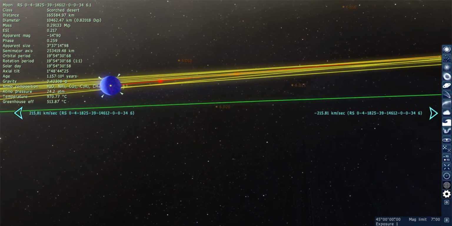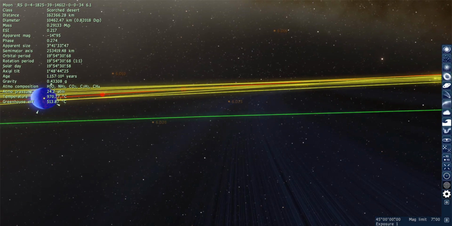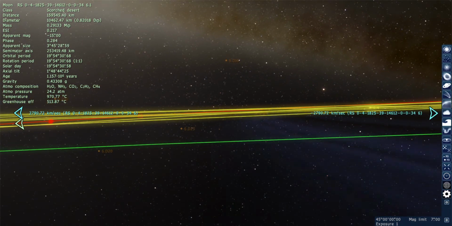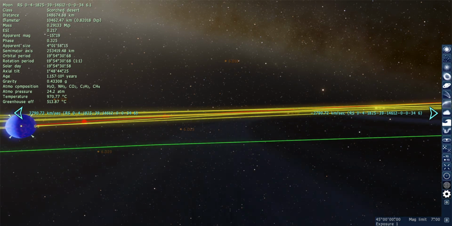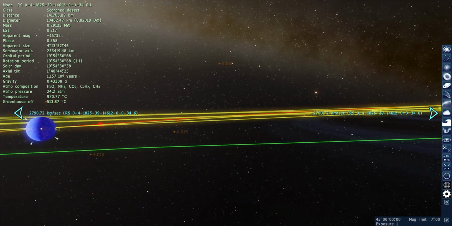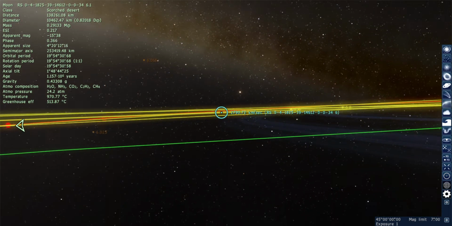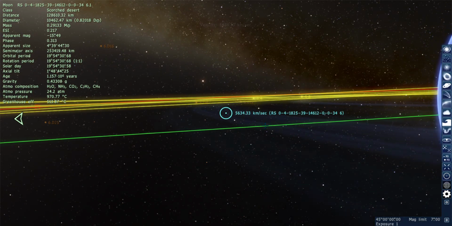Now, the rings you can see here stretching on the horizon, and the planet itself, or the moon, is actually coasting on the outer space of the outer ring. Let's have a look at the rings and the dust particles.